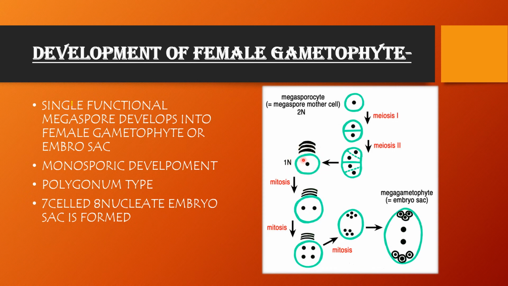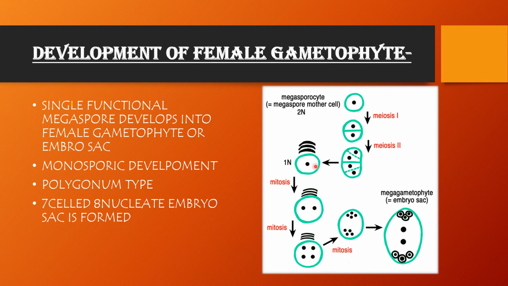Now this functional megaspore undergoes further development, and during that it performs 3 sequential mitotic divisions. In these 3 sequential mitotic divisions, only karyokinesis takes place. That means the nucleus undergoes rapid division, which is also called free nuclear division, because the nucleus freely divides, and after completing 3 sequential mitoses it forms an 8-nucleate structure.